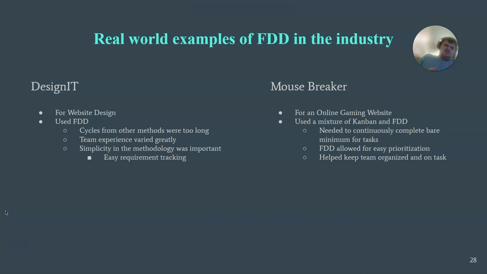The biggest problem they ran into with being asynchronous was that teams wanted to work on different tasks ahead of time. And so feature-driven development allowed for very easy prioritization of tasks and helped each team to understand that they need to complete the bare minimum to complete their feature, and then submit that and get feedback before they continue on working on something else.